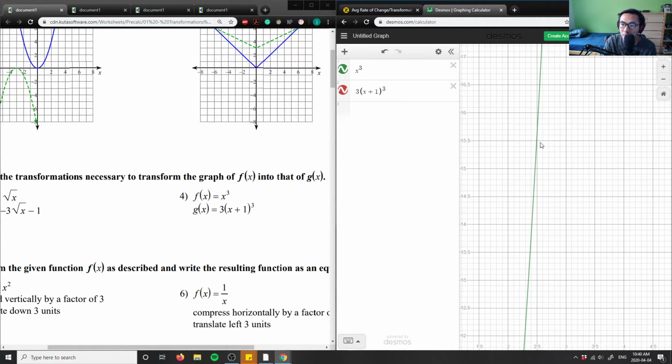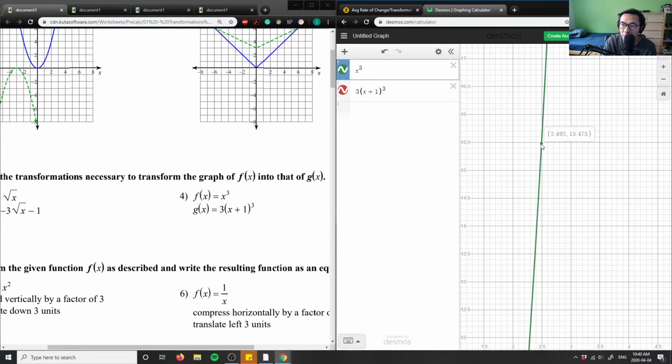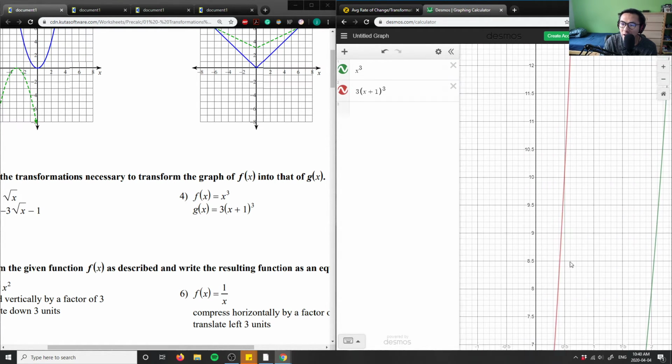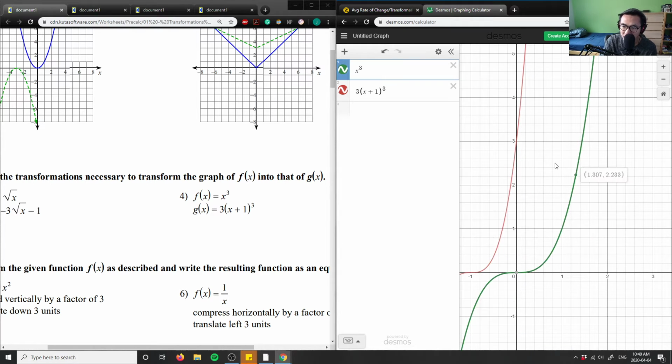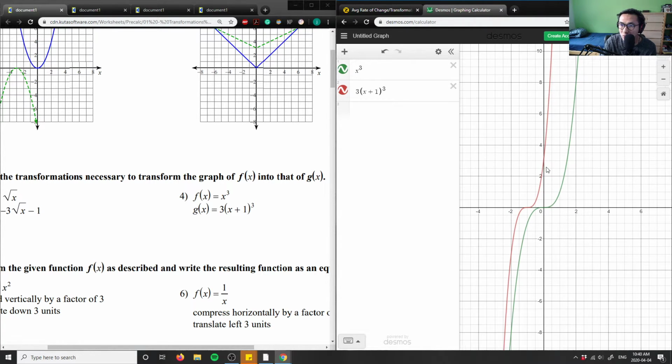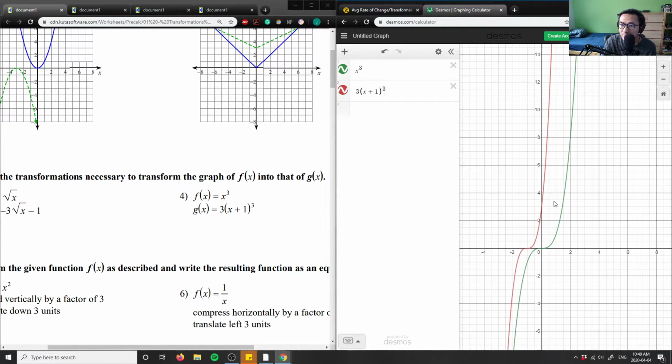Way up. This here is 3. Hold up. It's going to expand in the vertical direction, and that's why it's hard to see in this graph, because if I multiply my y value by a factor of 3, it's going to go way up. So I think maybe if I zoom out, it might give you a better idea.